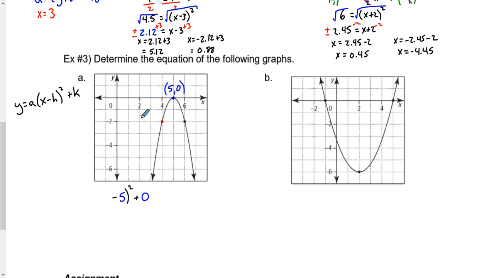We have this point, which is 4, -2, and we have this point, which is 6, -2. It doesn't matter which point we use, just as long as you understand that this is an x, and that's a y. It's all going to work out. I'll use the 4, -2.